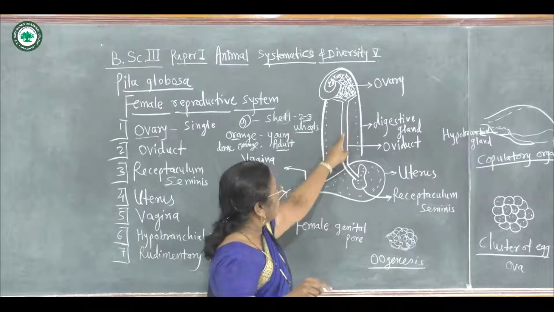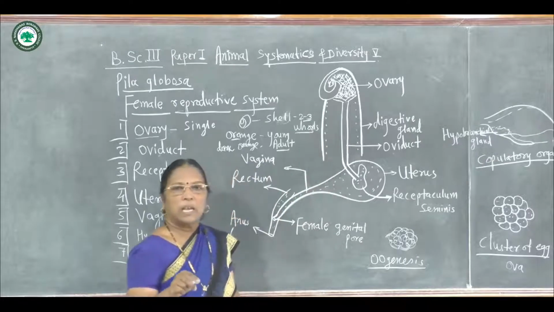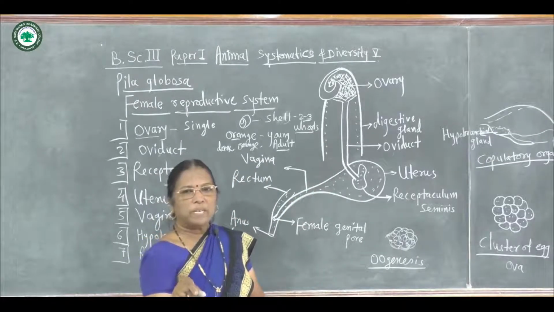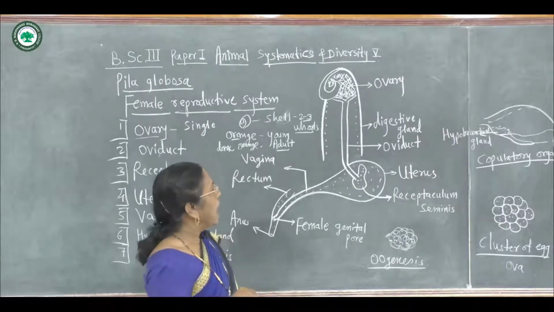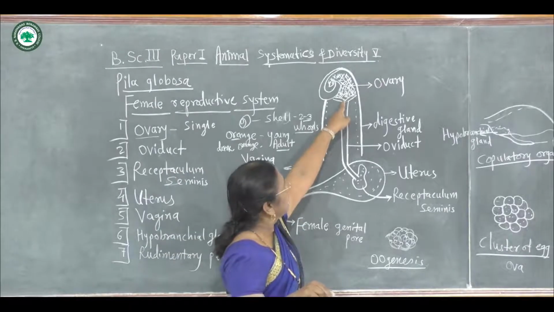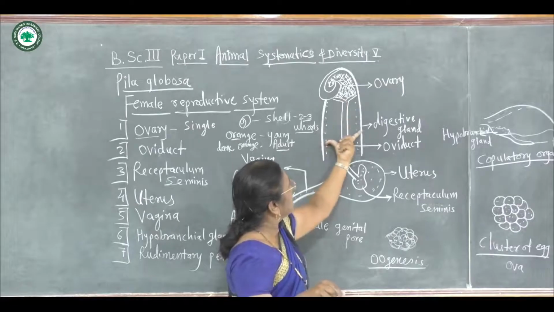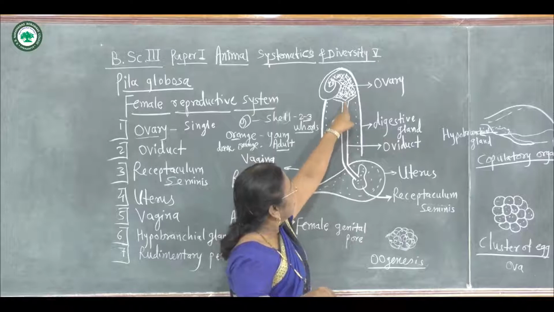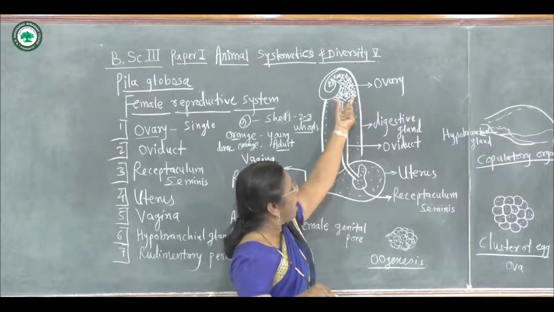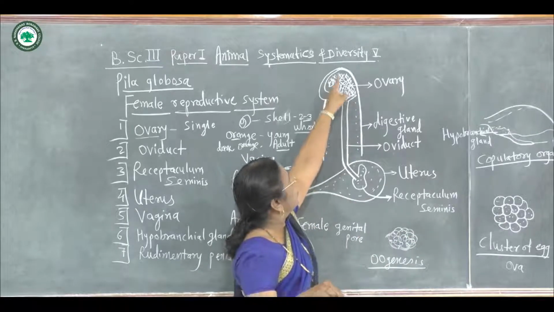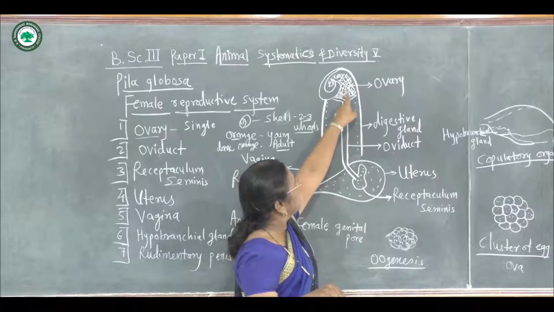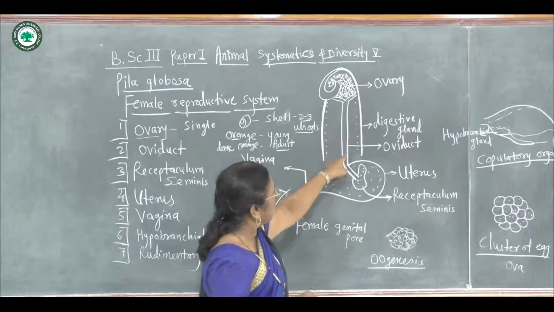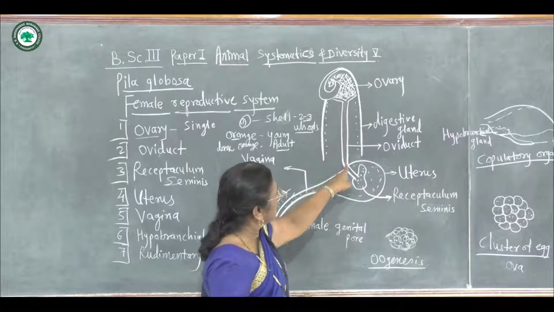This single oviduct is a thin membranous tube of uniform diameter. It is muscular and runs along the margin of the digestive gland internally. It carries the ova produced from the ovary along its internal tubular structure.